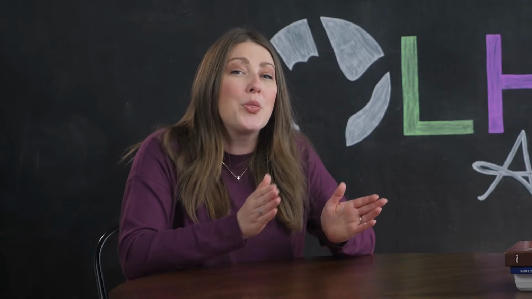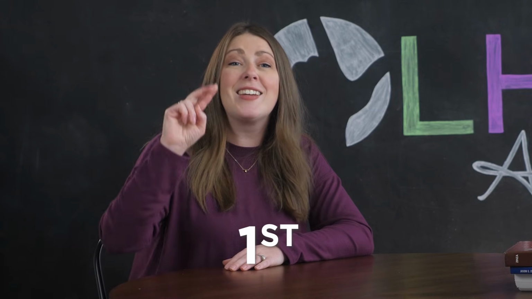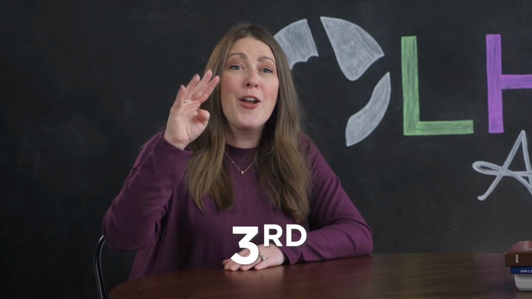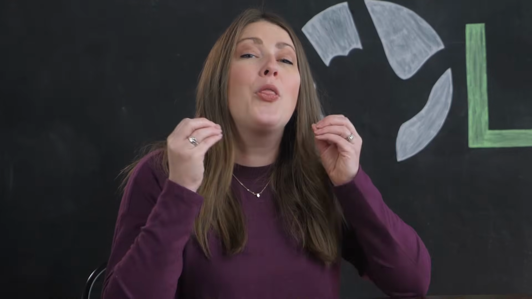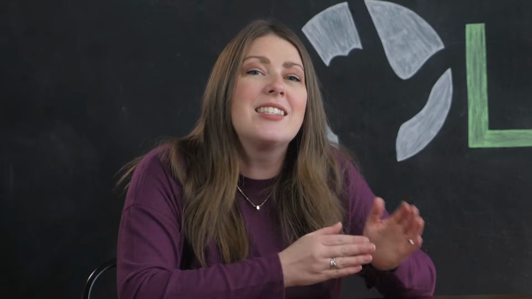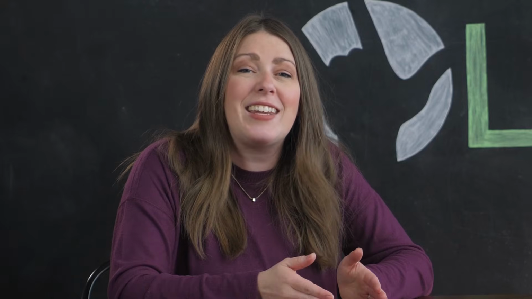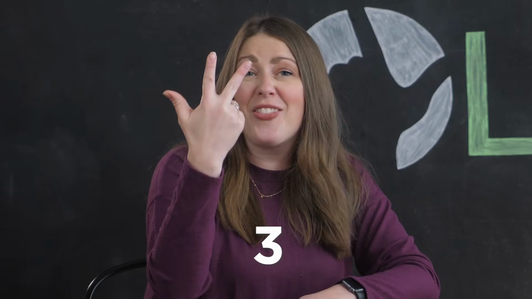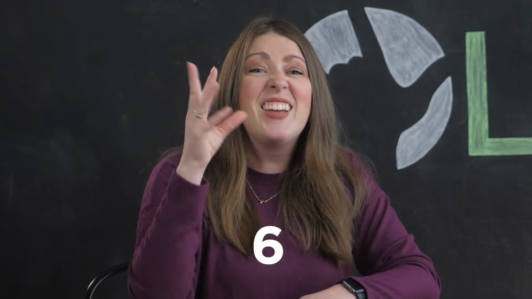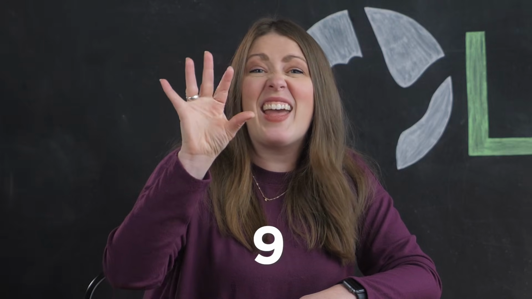Now, let's talk dates. Do you remember when we talked about before, for numbers 1 through 9, you have the twist for first, second, third, fourth, fifth, sixth, seventh, eighth, and ninth? Well, those can be used within signing a specific date. But I should let it be known that I have seen them just signed with first, second, third, fourth, fifth, sixth, seventh, eighth, and ninth.